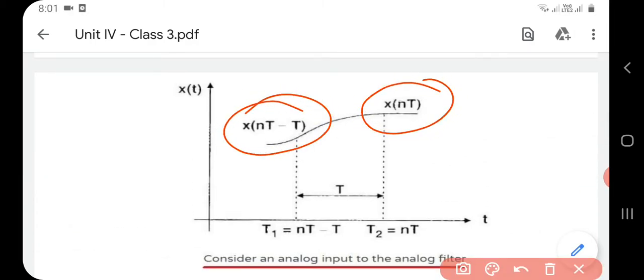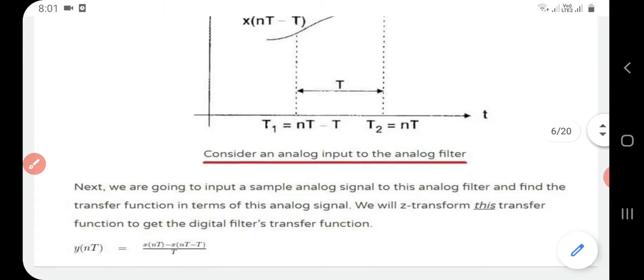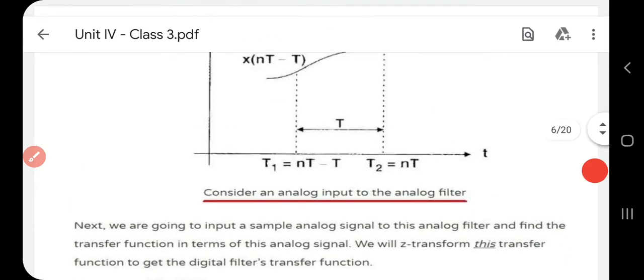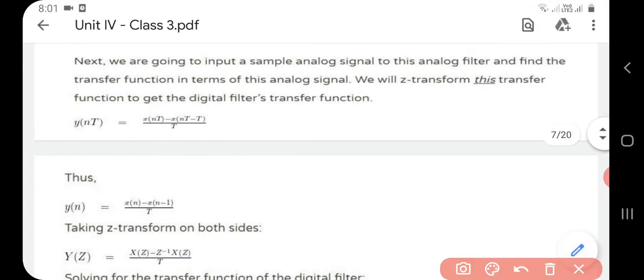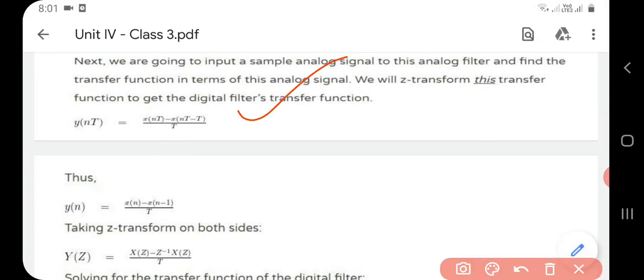This is x of nT and this is x of nT minus T. So this point is this and this point is this, now we subtract these two quantities divided by their separation T, that is written here. Thus y of n is x of n minus x of n minus 1 by T, where T is common and is taken outside. Okay, so we will get this expression.